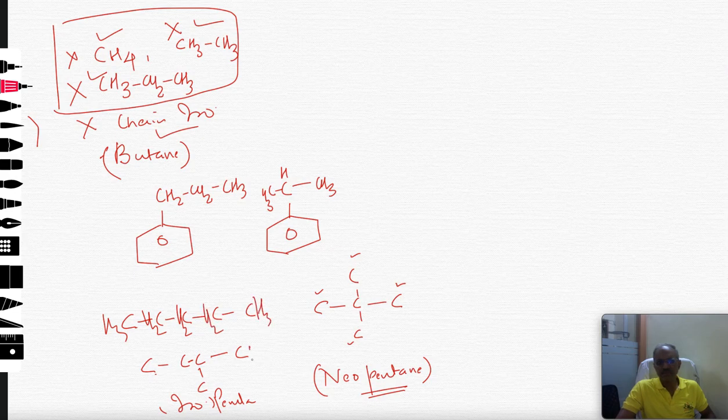Similarly, CH3, CH2, CH, and CH3. So isopentane and neopentane, and this is n-pentane. So these three are chain isomers. Fine.